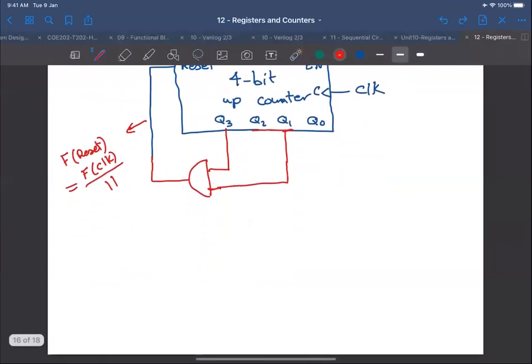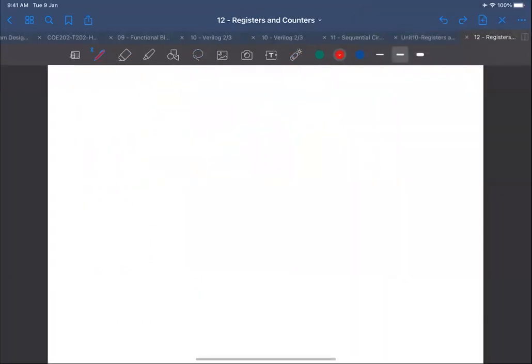So in this case, you may have, for example, a counter that counts from, let's say, 5 to 10. Okay, 10, right? So 5 is what in binary? 0101.